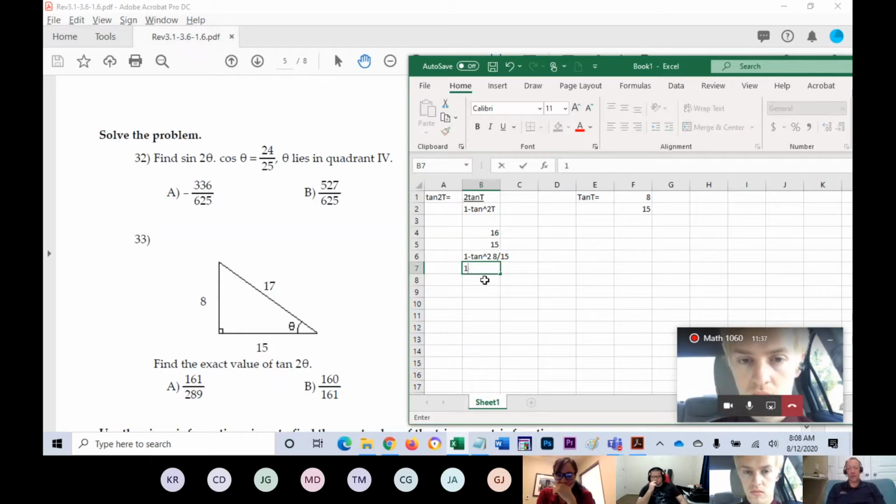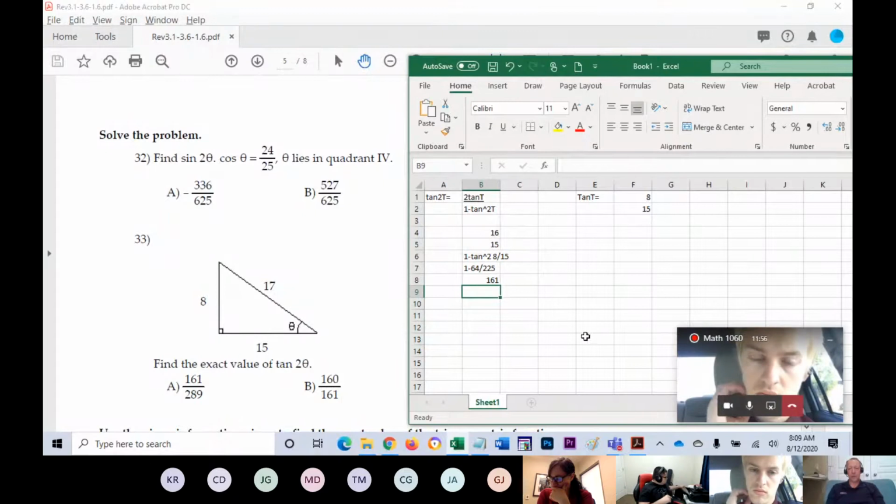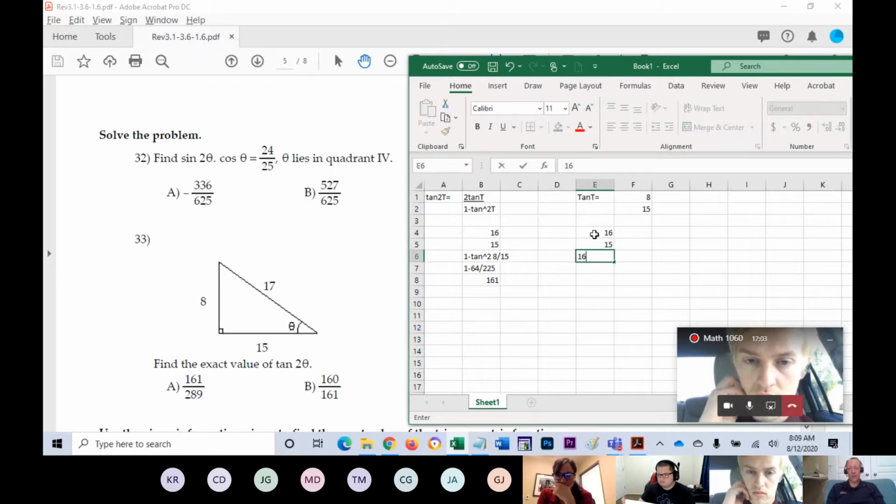If I rewrote the denominator, 1 minus 64 over 15 squared, which is 225, if I remember right. So that's 225 minus 64, which is 161. So I've got 16/15 over 161/225.